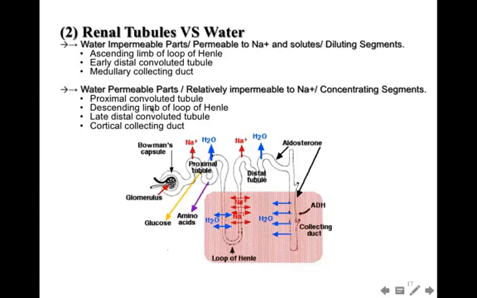These parts are, don't forget to memorize with me: proximal convoluted tubule, descending limb of the loop of Henle, late distal convoluted tubule, and cortical collecting duct. Now, seriously, what are they called? Hate water, keep sodium, things become concentrated. Yeah, that's right, concentrating segments.